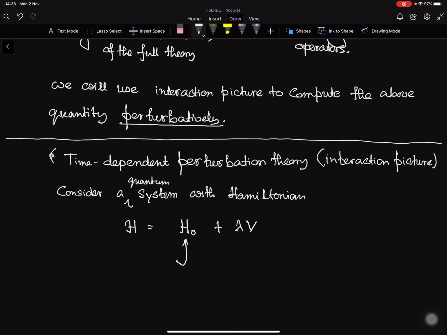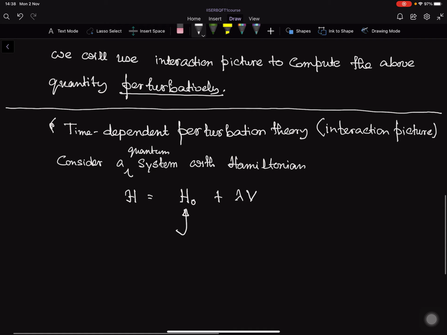where H0 is the free Hamiltonian. So what does it mean? It means that the exact spectrum is known.